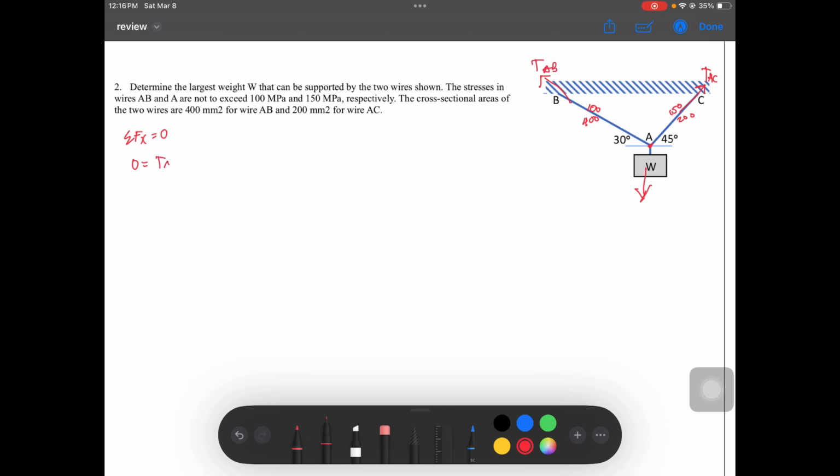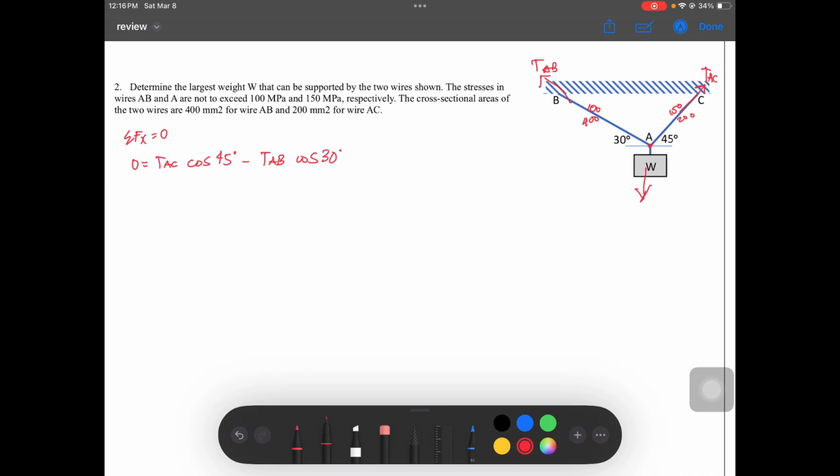TAC is going to the right, so positive cosine, since X horizontal forces tayo, and then TAB is going to the left, so negative, and then cosine 30 components. So, sila lang dalawa ang involved dyan.